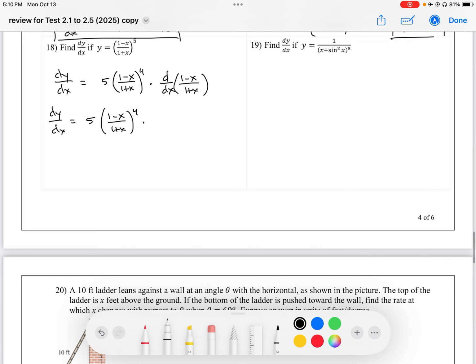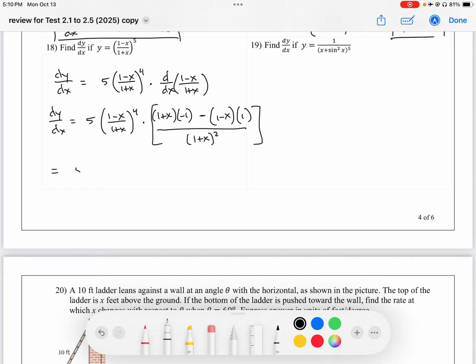Now we're using the quotient rule. Low d high, the derivative of 1 minus x is negative 1, minus high d low, 1 minus x times the derivative of the bottom, which is 1, all over the denominator squared, or 1 plus x squared.